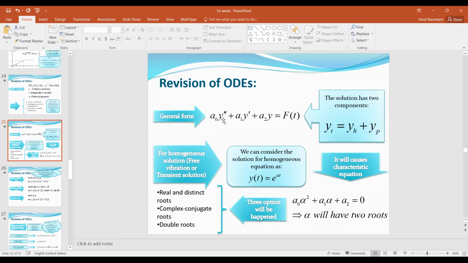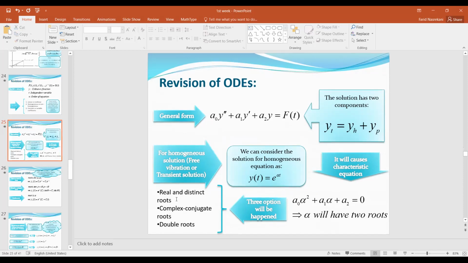You need to first form the characteristic equation. For a second order ODE, it is the coefficient of the second derivative times alpha squared, plus the coefficient of the first derivative times alpha, plus the coefficient of y, or the unknown function. It must be equal to 0 because we want to obtain the homogeneous solution.